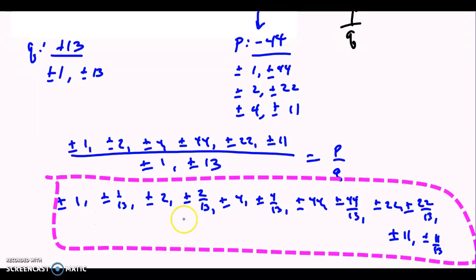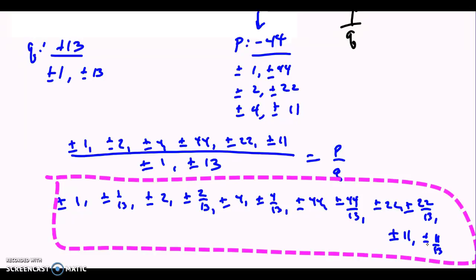All these numbers here are possible rational zeros. A function can either have rational zeros, irrational zeros, or complex zeros. If our function has a rational zero, it has to be one of these numbers on here. If it has at least one rational zero, then that means one of these numbers is true and a factor of the polynomial.